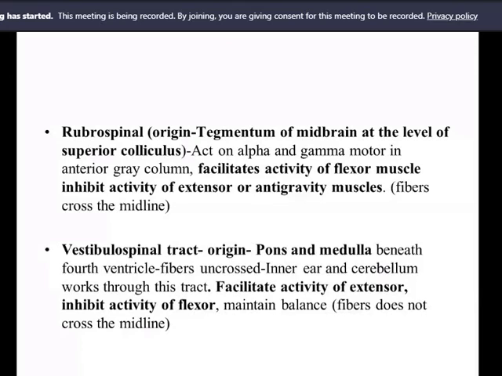Generally you do pranam, we bend forward and do namaskar like that. So is it backward bending or forward bending? Forward bending. So rubrospinal is for forward bending. So it facilitates the flexor muscles, rubrospinal, right?